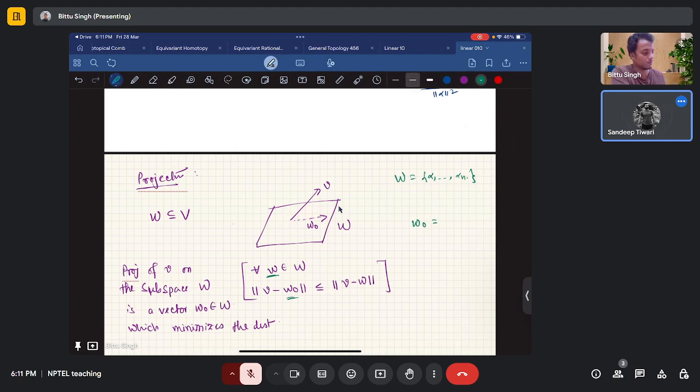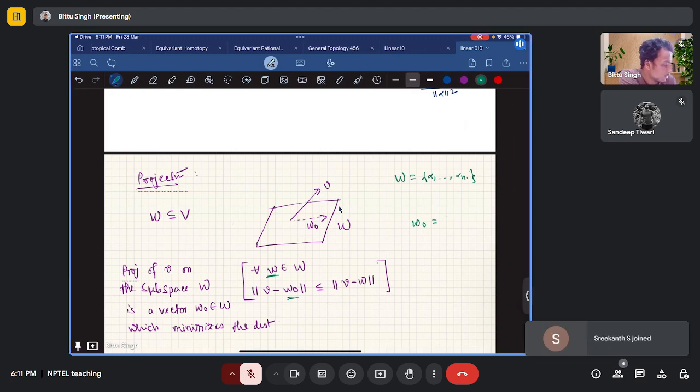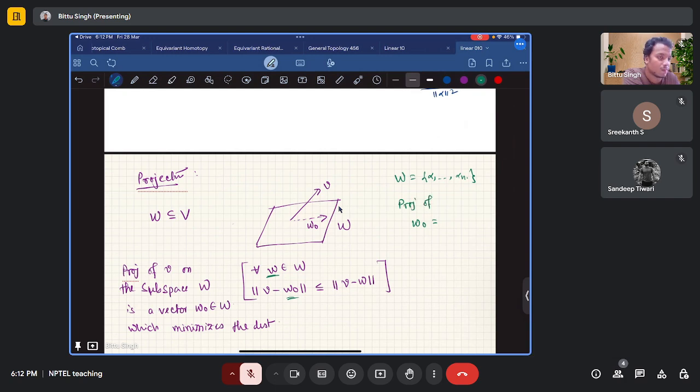So W0 is simply obtained by taking the given vector V. The projection of V on W can be defined as taking the projection of V on one direction.